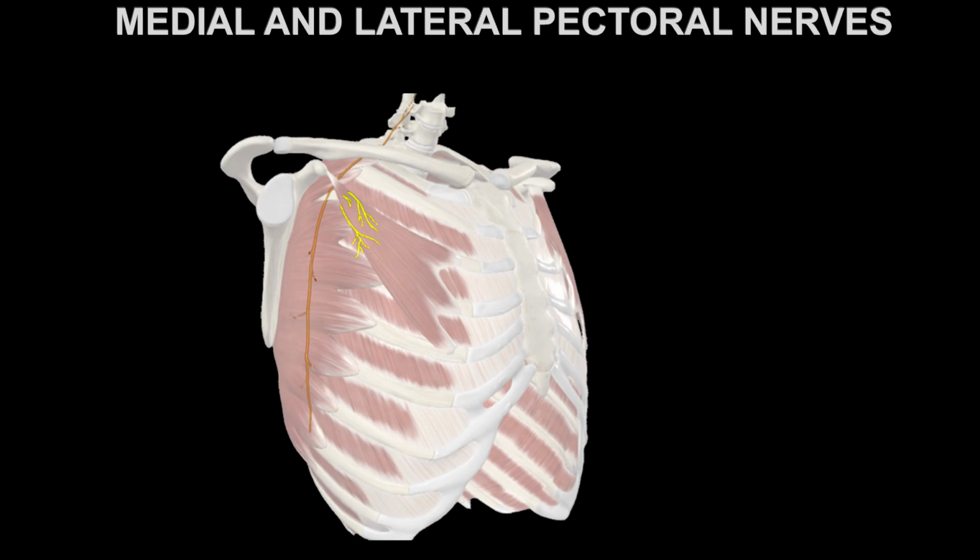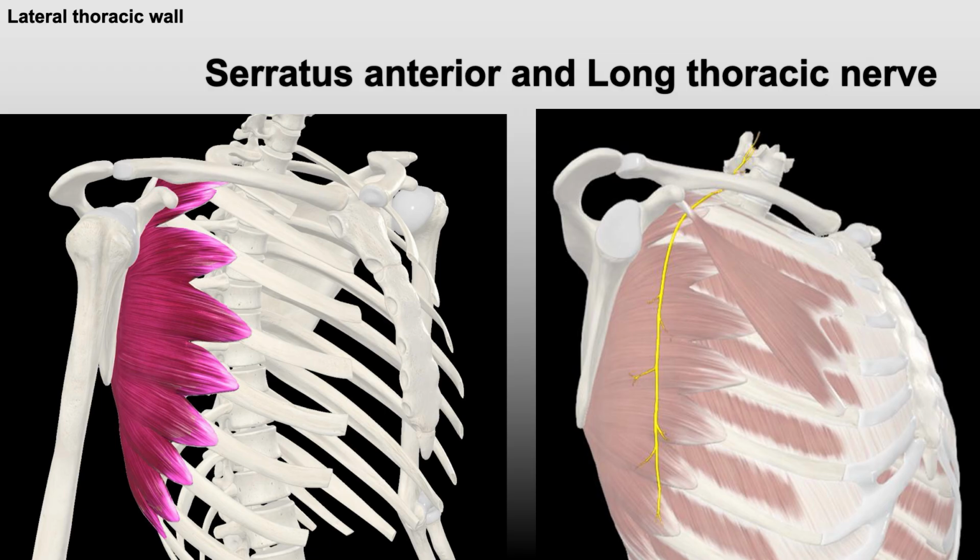On ultrasound, it is possible to identify the medial and lateral pectoral nerves running along the pectoralis minor, which innervate both the major and minor pectoral muscles. The last muscle of the thoracic wall is the serratus anterior. It originates from the medial border of the scapula and, via large digitations, inserts onto the ribs from C1 to C12.